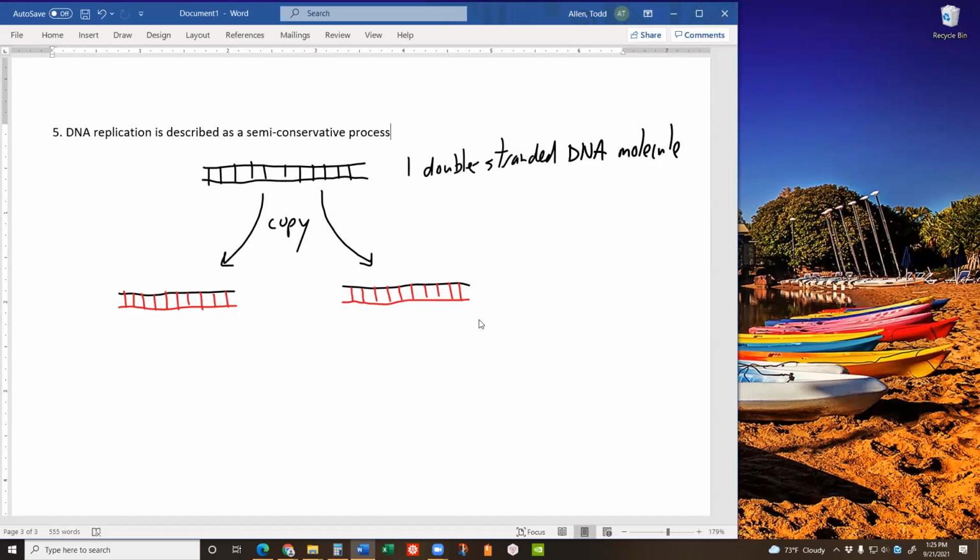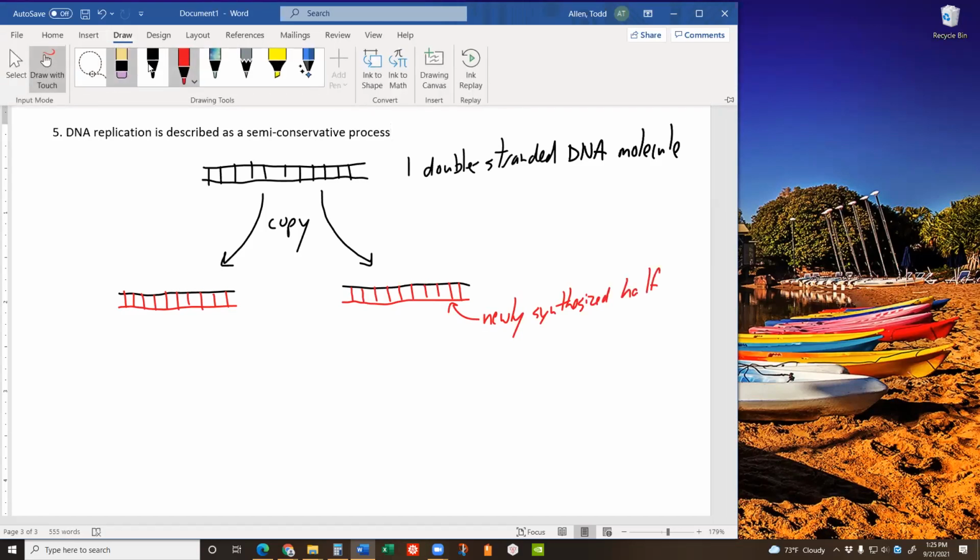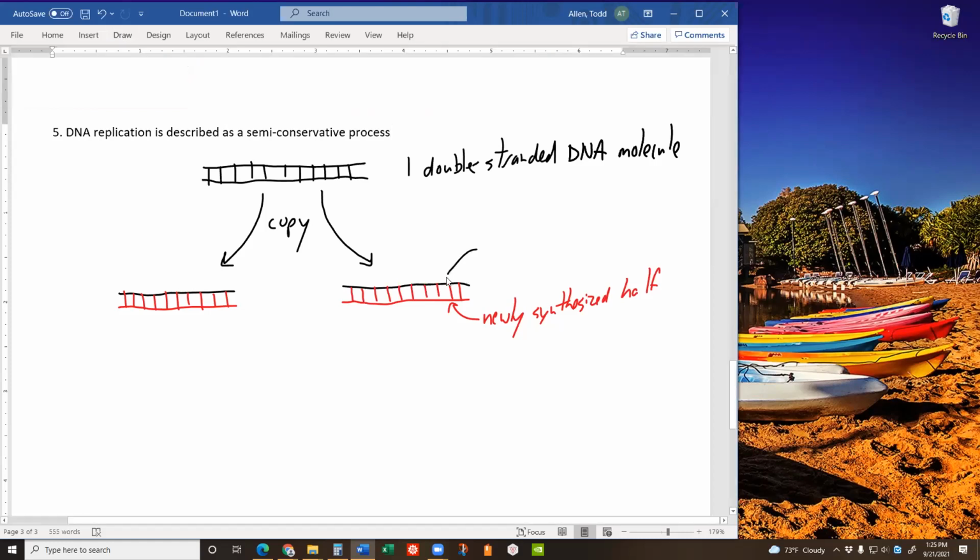Newly synthesized half. And the black represents the original piece of DNA.